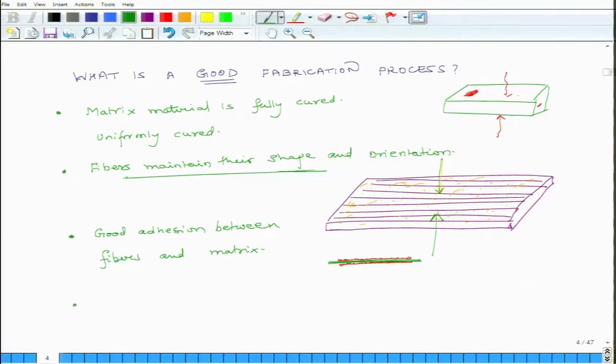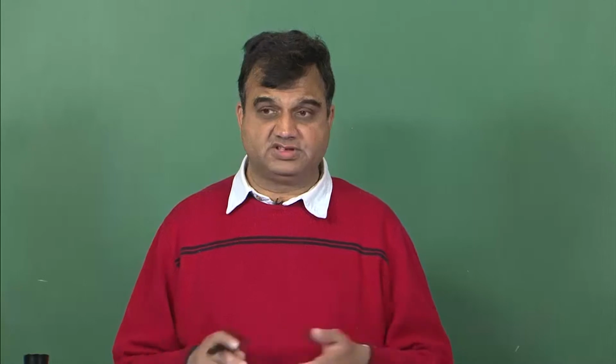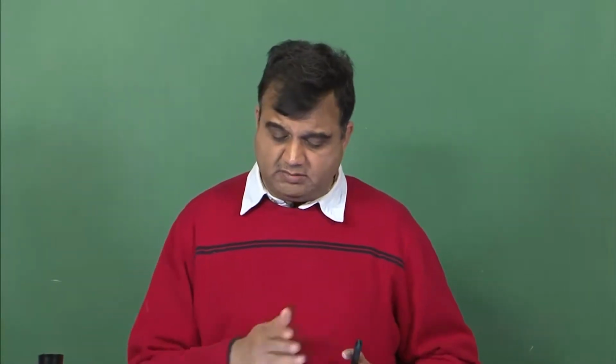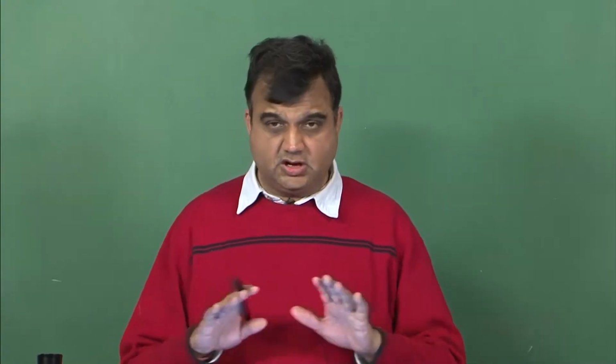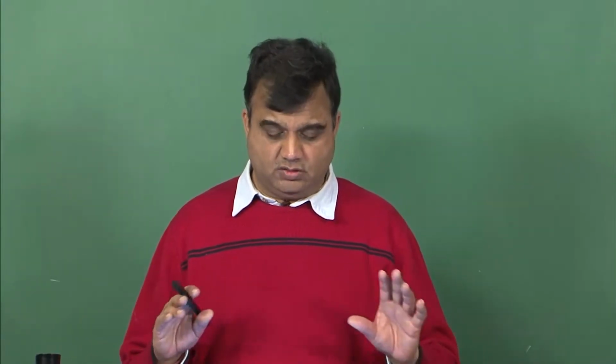What else? We do not want air and porosity. This should be as low as possible, because by default there will be air between fibers to begin with, and we want that when the matrix flows through it, all the air should be removed, and there should not be any gaps or holes.